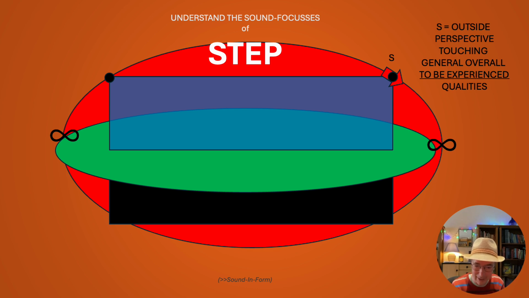You can distinguish it, but the beginning and the ending are not defined, so you have to sense it. That's why the S is there. It's there, and you can define it, but you cannot define it by very strict measurements. That's how you have to measure the S. So if it starts with S, it starts with an experience of a quality.